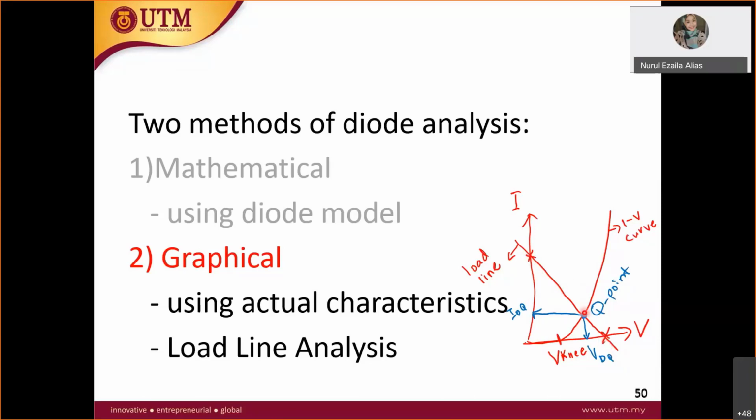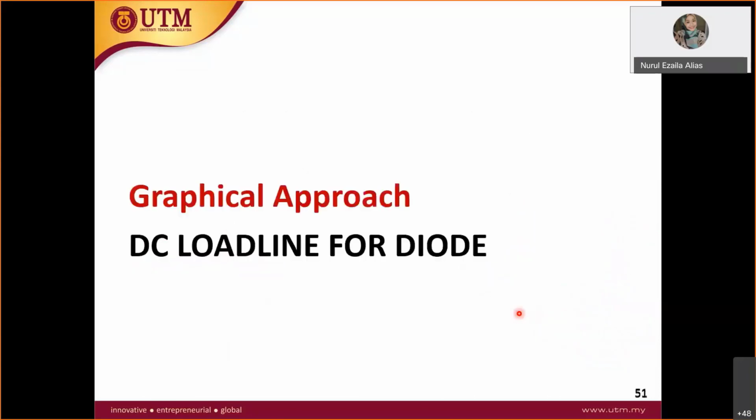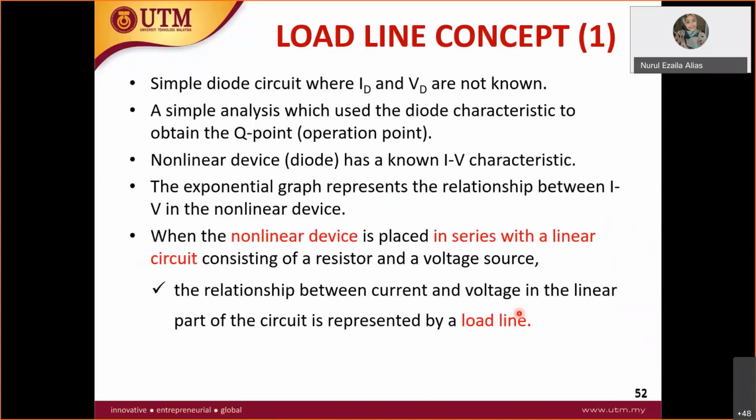The intersection will give you the Q point of VD and the Q point of ID. So what is the DC load line? It is a simple diode circuit where ID and VD are not known.